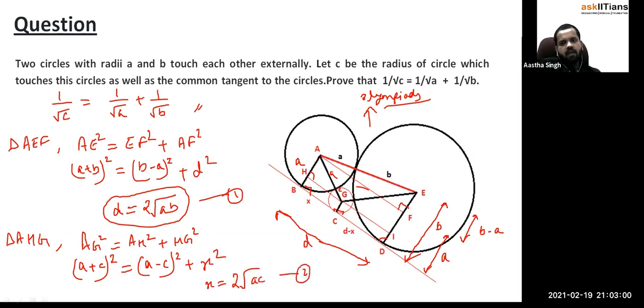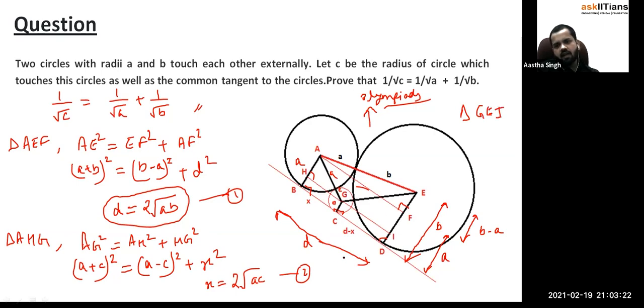Let me tell you that your AH is basically your whole AB minus your HB, and HB is your C because of radius, right? So you have got the value of D, you have got the value of X. Now look at the diagram and look at your triangle GEI.